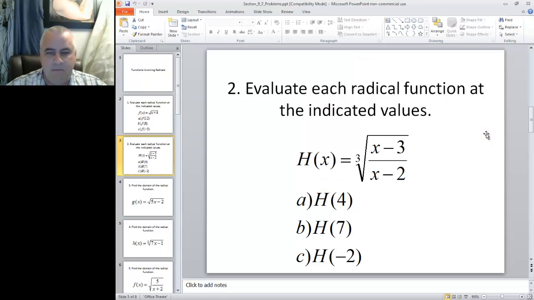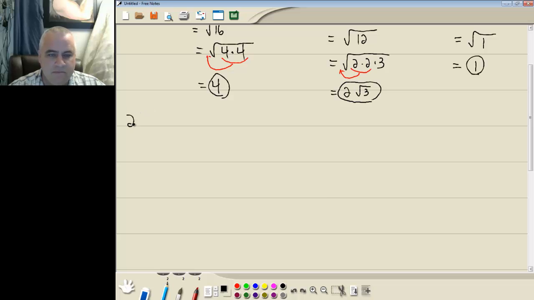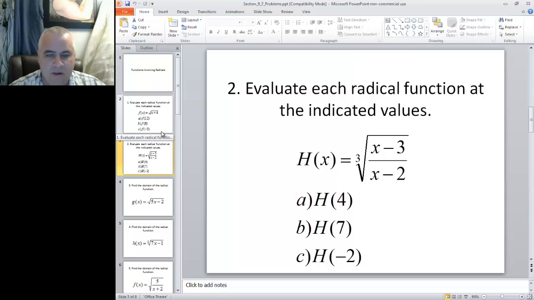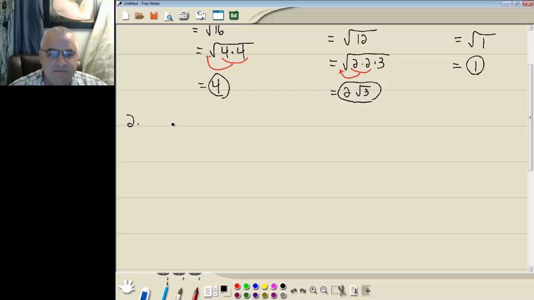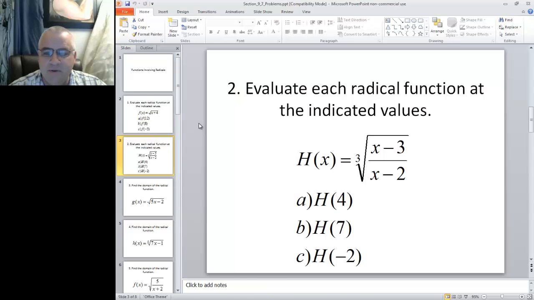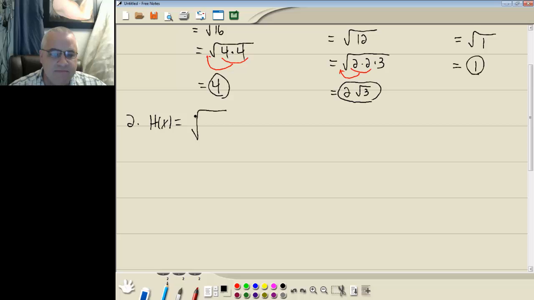Let's look at our second problem. We've got, let me get my glasses on here. h of x is equal to the cube root of x minus 3 over x minus 2.